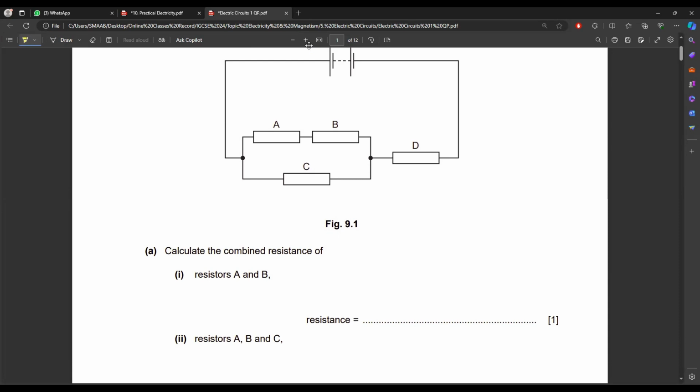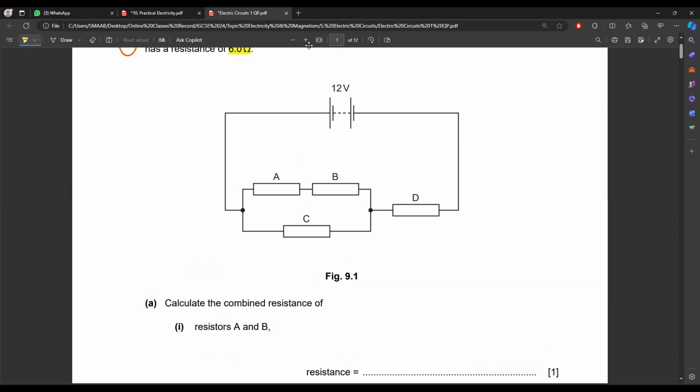All of you try by yourself also. The value of each resistor is 6 ohms. So according to the combination of the resistance, you have to find out by yourself, because previously we discussed that all the resistors are connected either in series or in parallel.